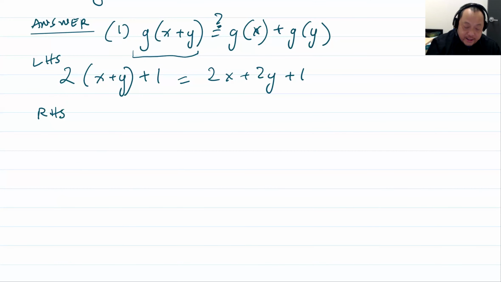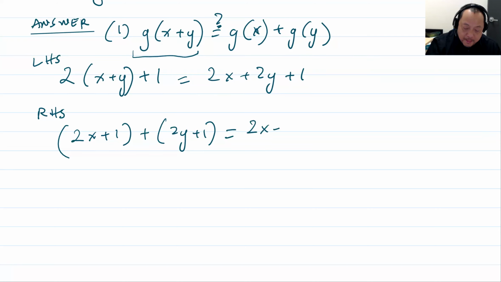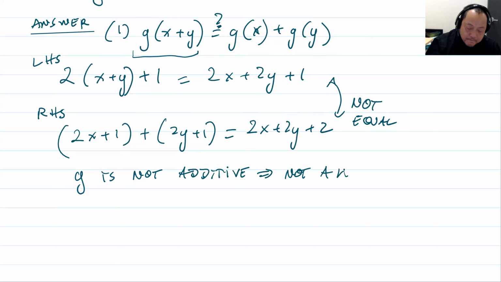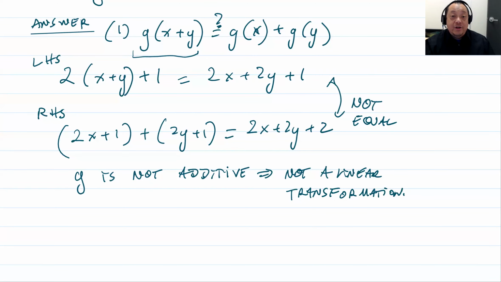On the right-hand side, I have 2x plus 1, that's the g of x, and I have 2y plus 1, that's the g of y. Add it. And they are not equal. And since they're not equal, g is not additive. Therefore, it is not a linear transformation.